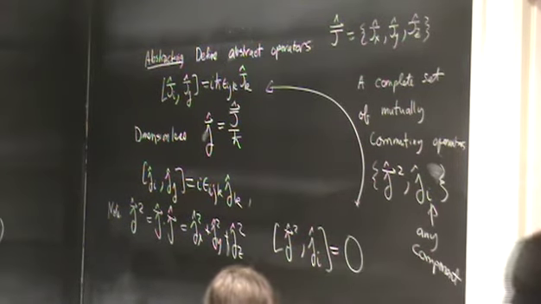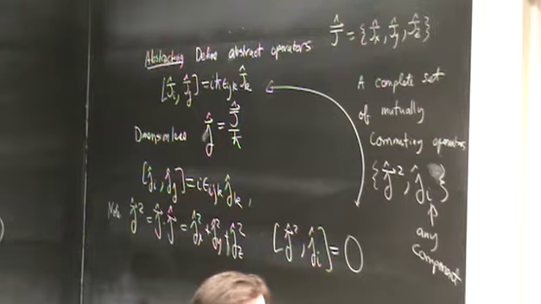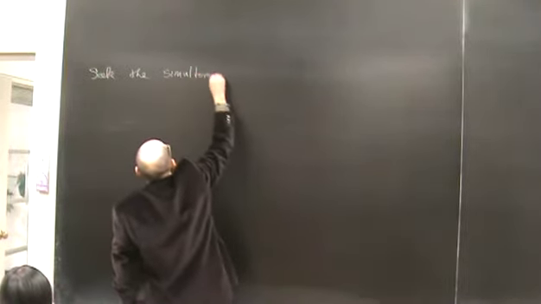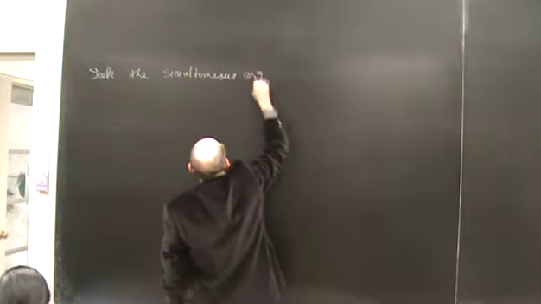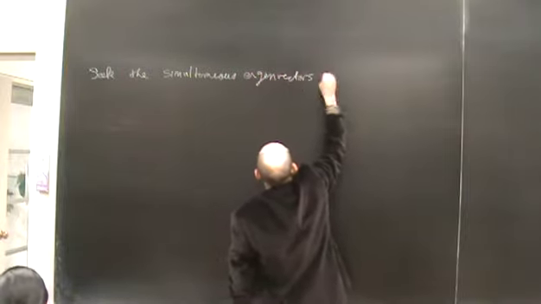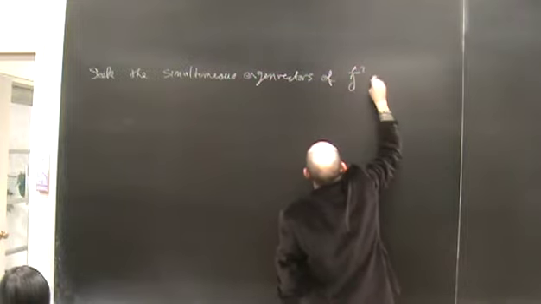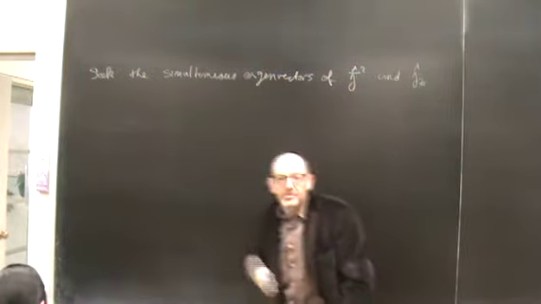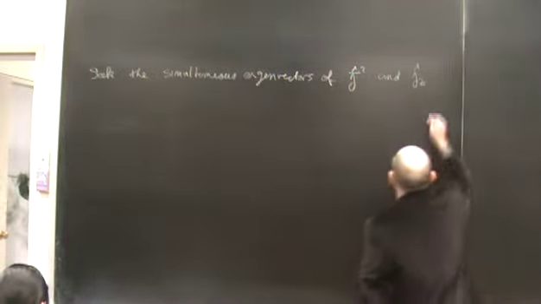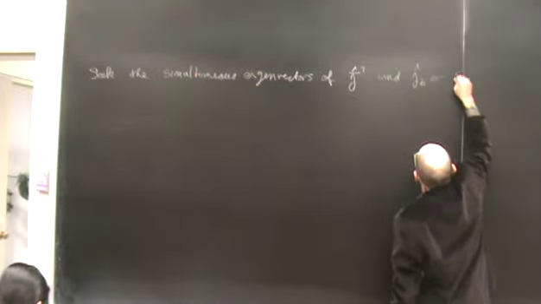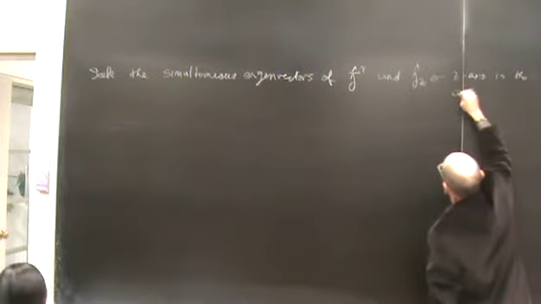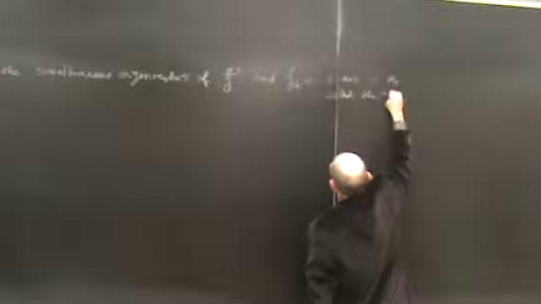Okay, so what we seek are the simultaneous eigenvectors of j squared and one component, and by convention we call the z-axis a special point. This is what's called the quantization axis.